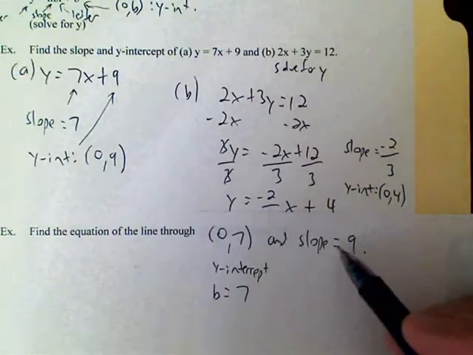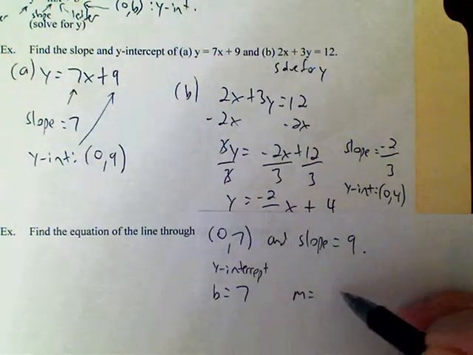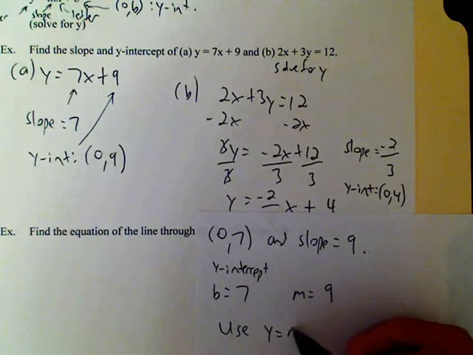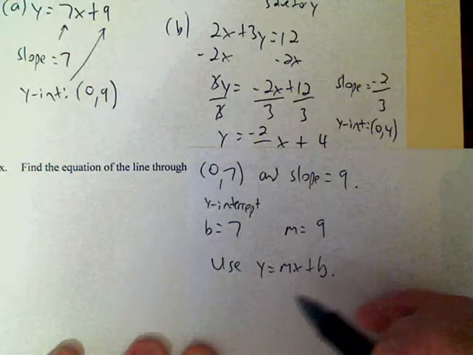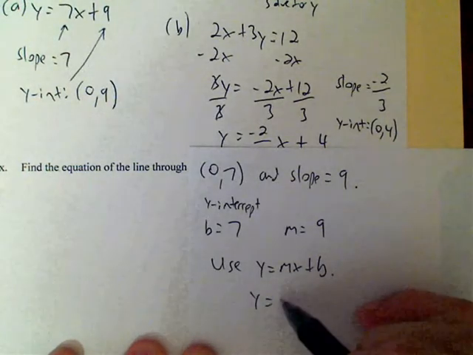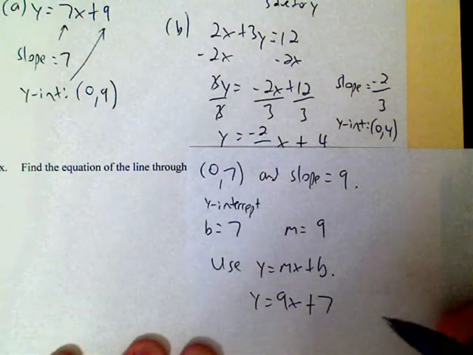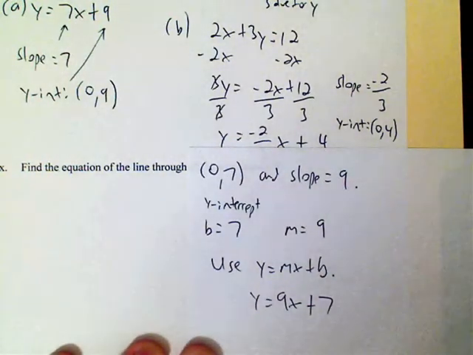And since we're given slope equals 9, slope is always recognized with an m, that's 9. So if we use y equals mx plus b, all we have to do is substitute 9 for the m and 7 for the b. And that's the equation of the line through this point having slope equal to 9. So keep that in mind.